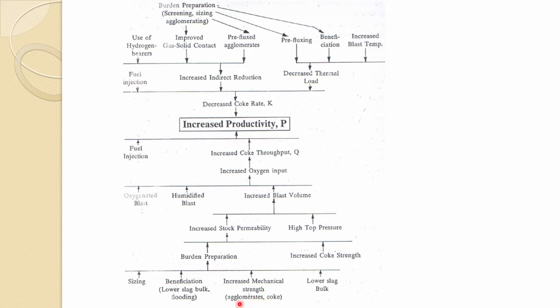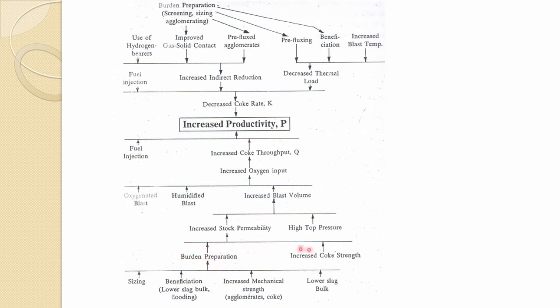Increase mechanical strength, this is by using agglomerate, and as we had discussed before, how you can control the quality of these agglomerate and try to reduce the thickness of the cohesive zone, and it should move to the high temperature zone, and that will again help to increase the coke throughput. Lower slag volume we already discussed.